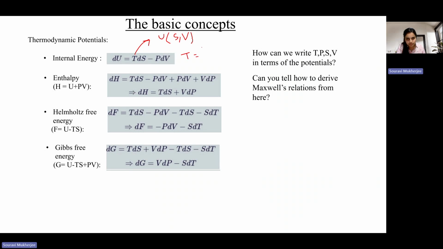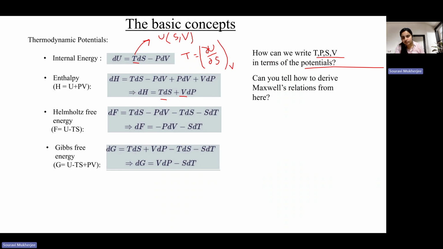T is nothing but del U del S at constant V. Del U del S at constant V is your temperature. Similarly, del U del V at constant entropy will be minus of pressure, right? In that way, you can compare and write all of these expressions. So you can write T, S, P, V and all these thermodynamic variables in terms of these potentials.